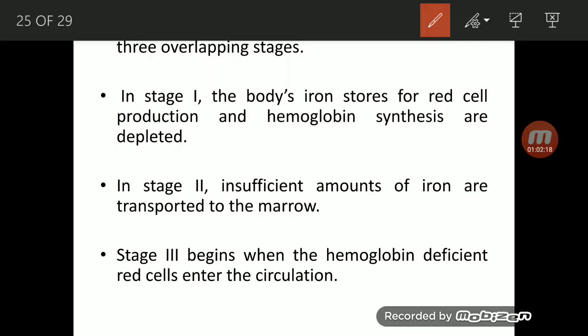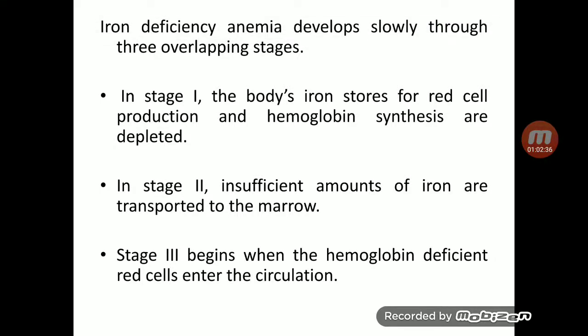And when stage 3 begins completely, your RBC do not contain enough hemoglobin, due to which you get the manifestation of anemia in stage 3.